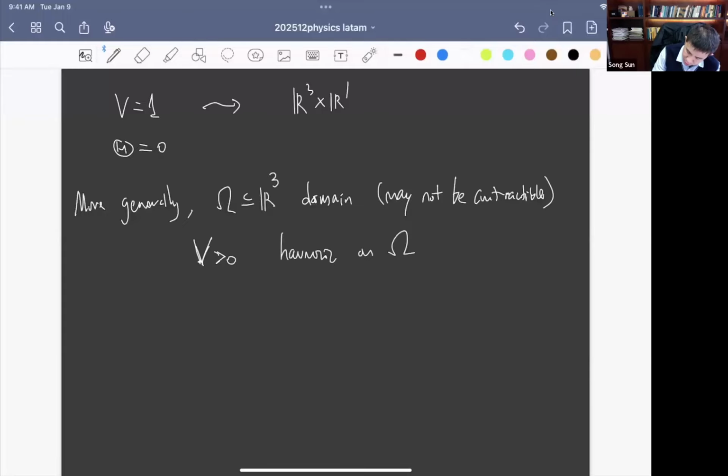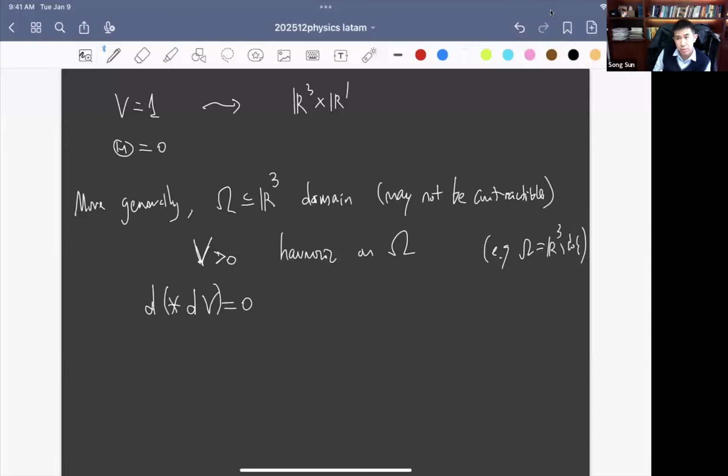But then you have a problem. You want star dv to be d theta. This is no longer true. Laplacian v equals 0, so this is closed, but the closed form may not be exact, right? Especially if, for example, omega equals R3 minus a point, you have the non-trivial H2.